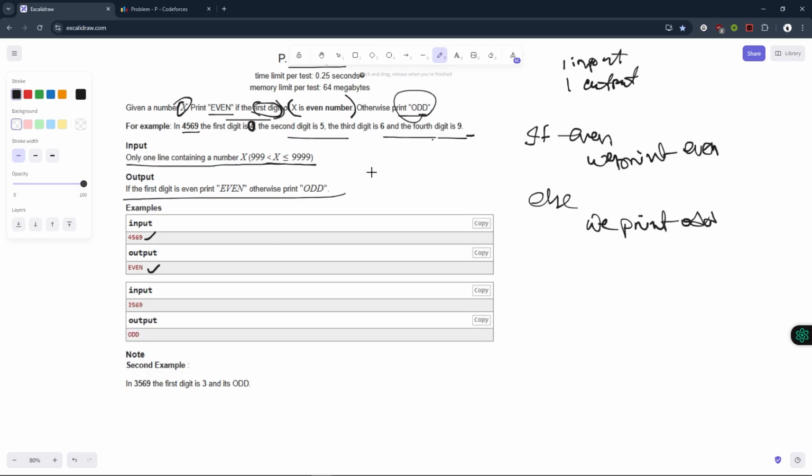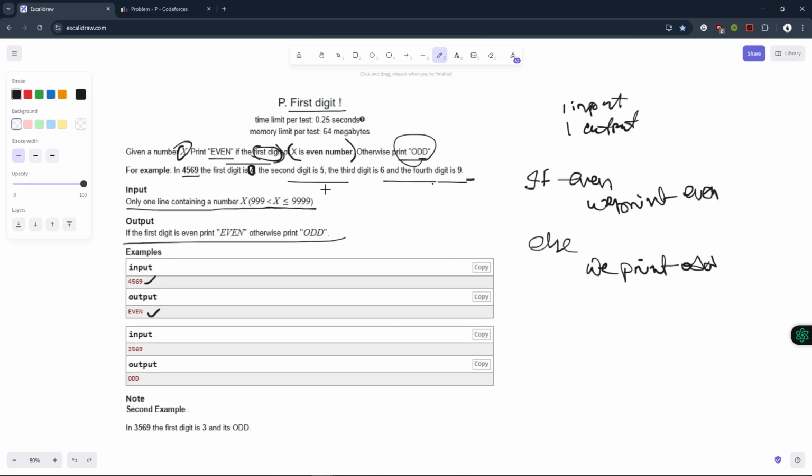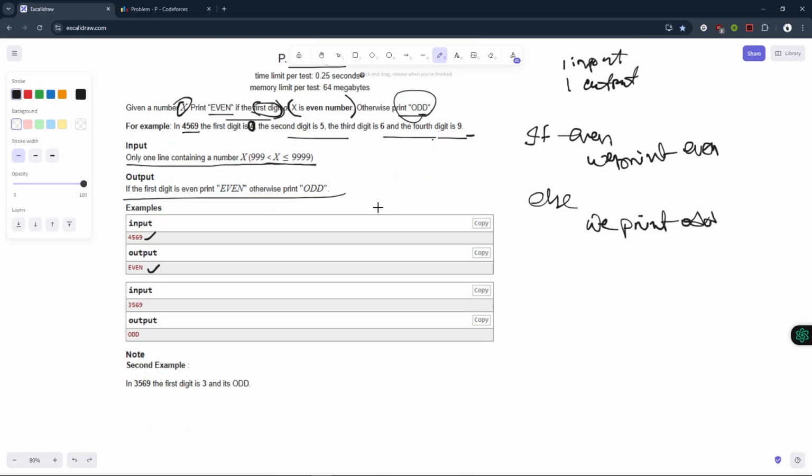Now, how to get the first digit? So we know we will have to do this if else, but how do we get the first digit? The simplest way for that is to calculate how many digits there are first of all. So for x, imagine x is 4569.